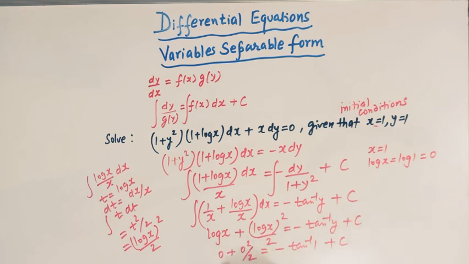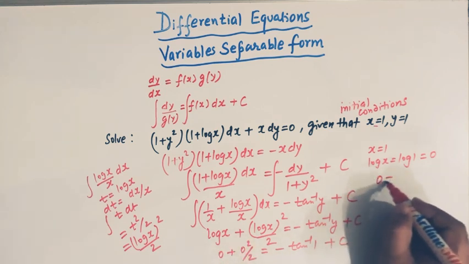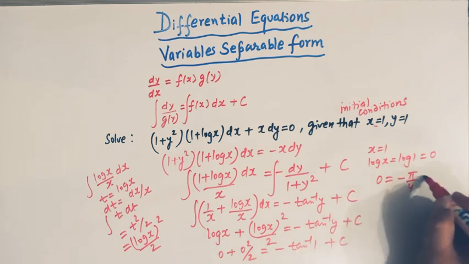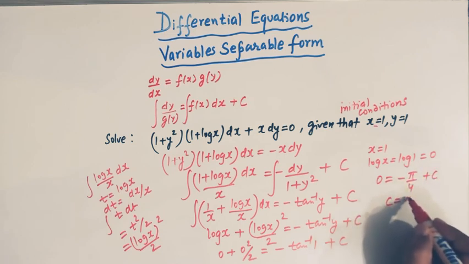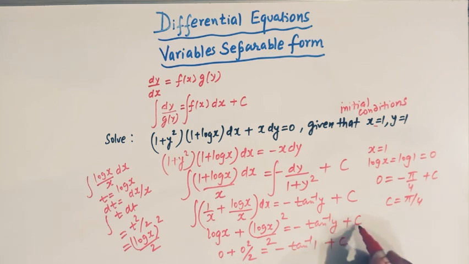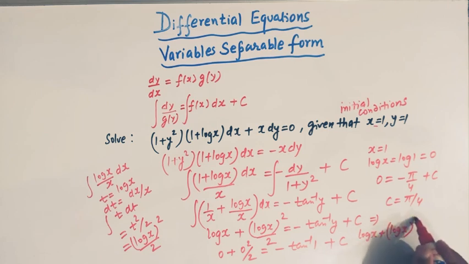So this side is 0, and here we have minus tan inverse 1, which is pi by 4, plus c, so c is equal to pi by 4. Now substituting the value of c here, the particular solution of this differential equation is log x plus log x square divided by 2 is equal to minus tan inverse of y plus pi by 4, right?